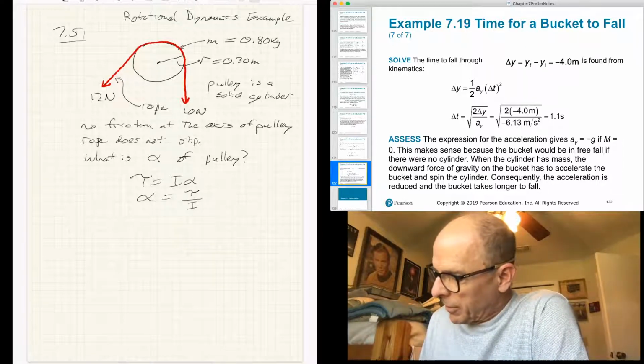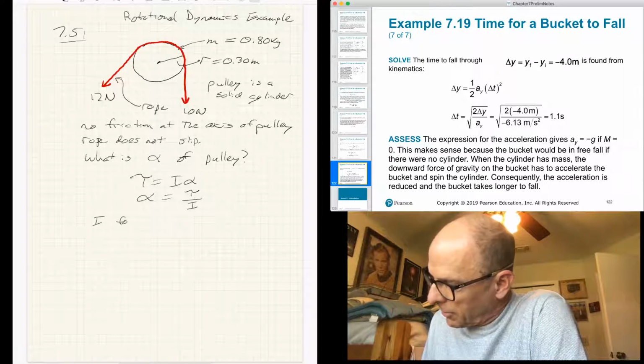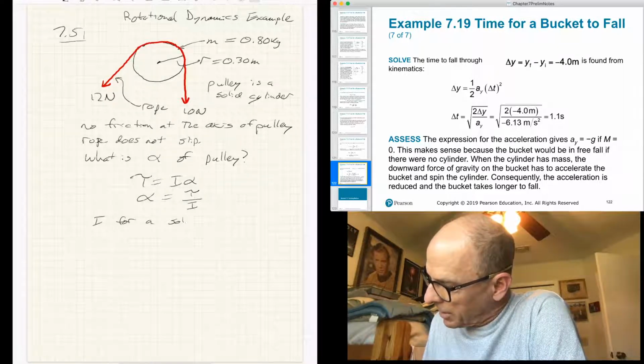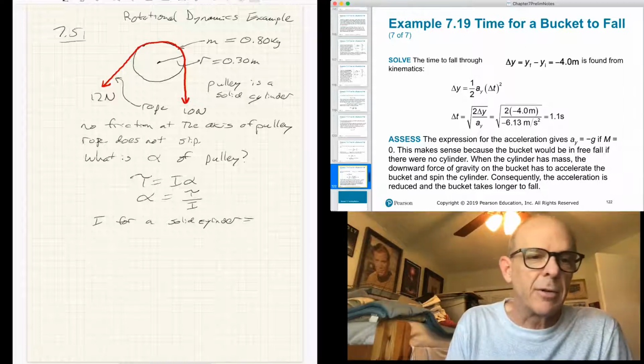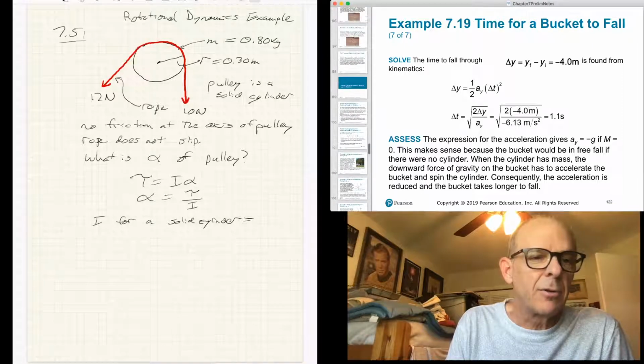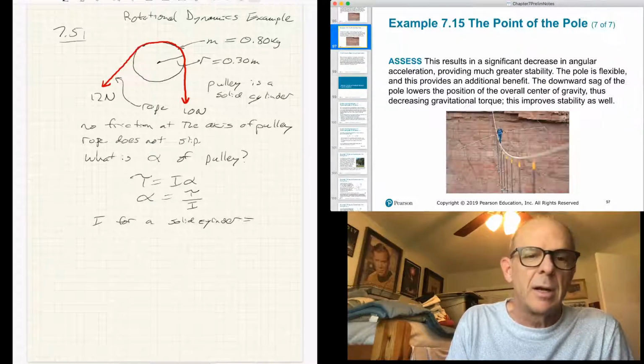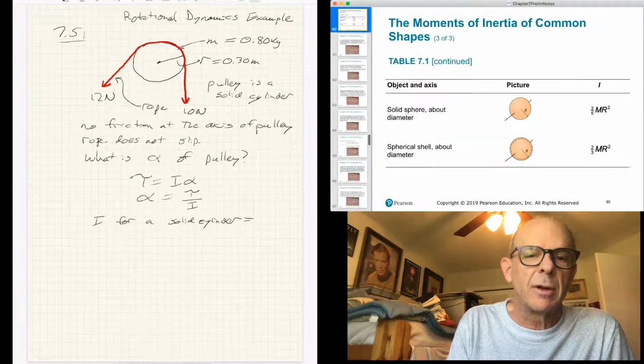Well, the moment of inertia for a solid cylinder is equal to, and I'm going to have to go back in our notes to our table of moments of inertia.